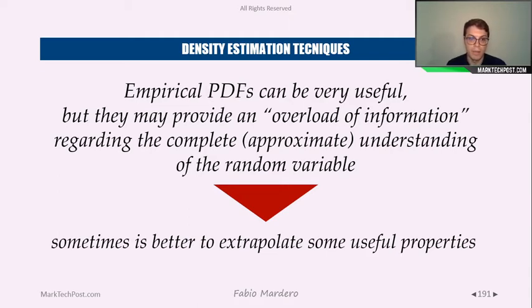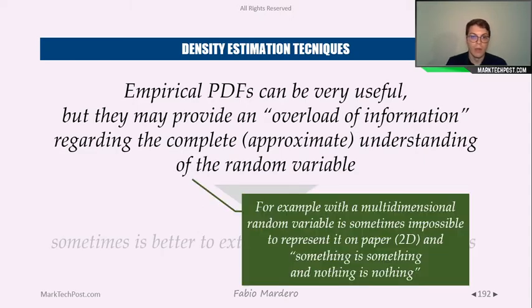That's why sometimes it's better to extrapolate from these empirical PDFs some useful properties and just refer to them, or at least treat them as if they are somehow true. For example, when we cannot use empirical PDFs: when we are looking at a random variable that is multidimensional and has more than 2 or 3 dimensions.